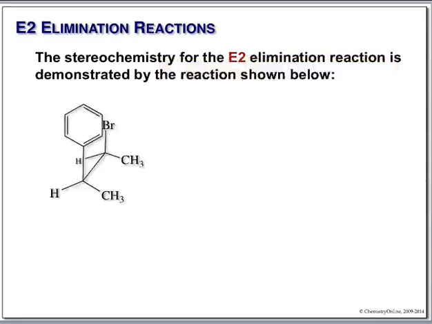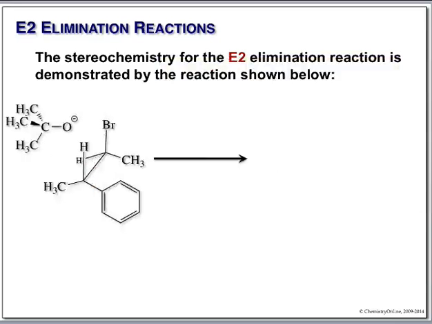But just to be honest about it, let's take our starting material here, and instead of going this way, I'm going to rotate the phenyl down here, which puts the hydrogen up. So here we are. Here's our bromine. Now these are both coplanar, aren't they? So that's good.